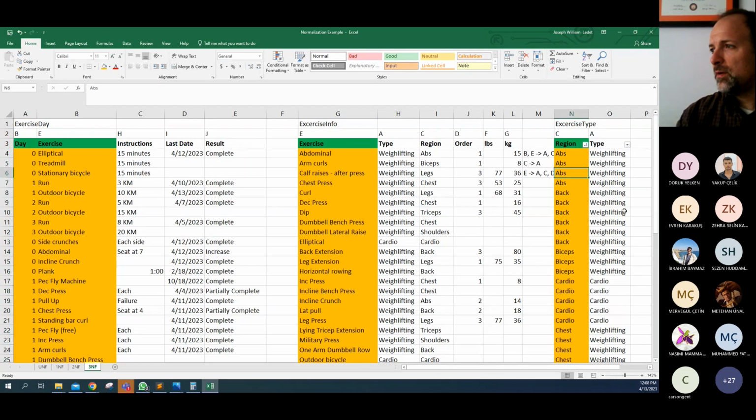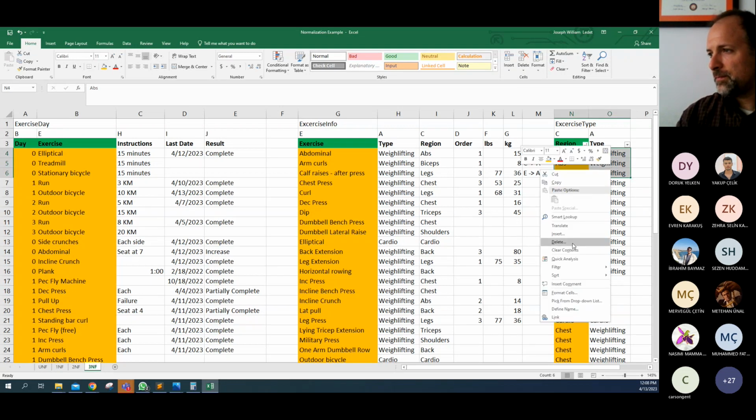So now notice we have a lot more duplicates we can delete, right?